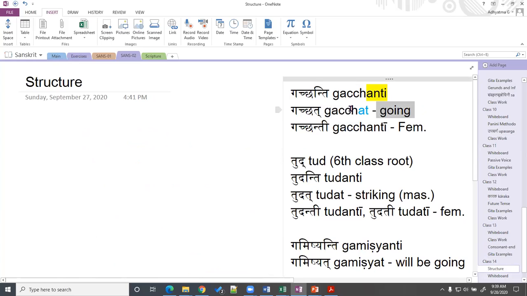Originally, you will not use either gachanti or gachati. You will use the root gam and apply the suffix. But why do I not, even for shortcut, use gachati and just remove the ikara in the end and make it gachat? It seems simple. For most verbs which we have studied, that will work. But for some verbs, it will not work.